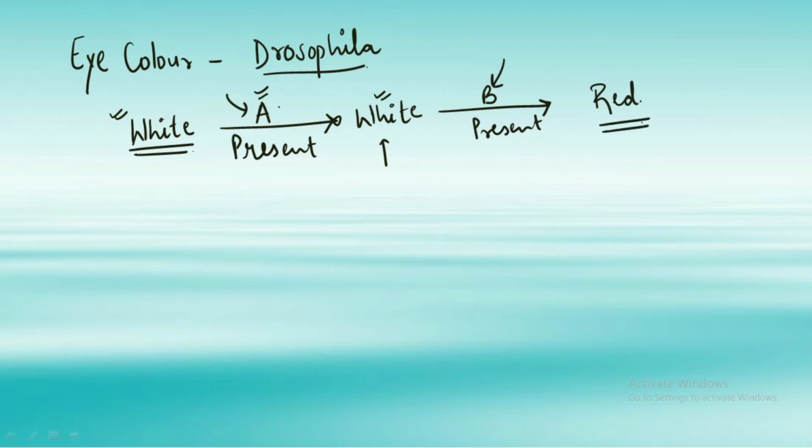This red eye color arises because of the presence of allele B, and also because of some chemical reactions done by allele A, which was the result in the first generation that we have just seen.